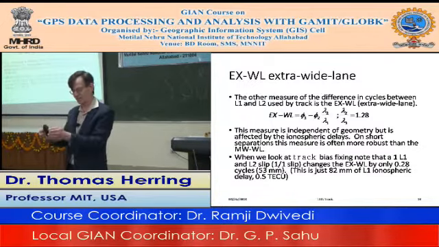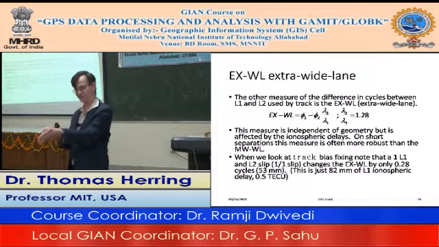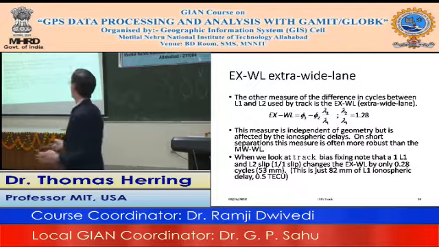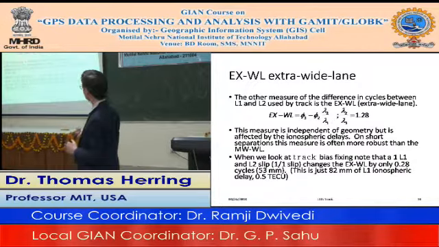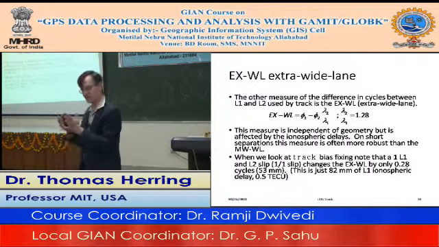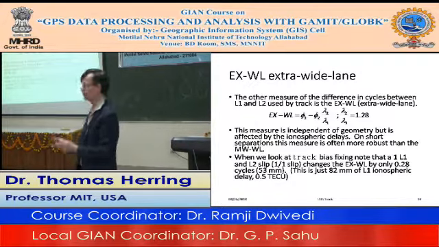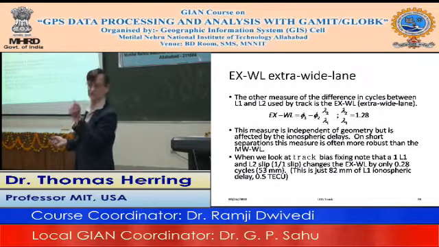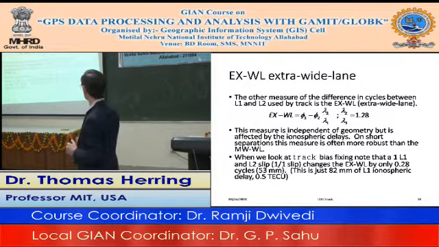So then everything else after that is 1 change at L1, 1 change at L2, or -1 and -1. And then when you look at this extra wide lane, you'll see that if I change the L1 cycles and the L2 cycles by 1 each, then the difference is going to be 0.28 cycles at L1. That's the equivalent of only about 53 millimeters.